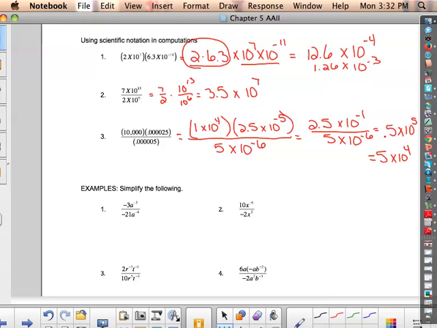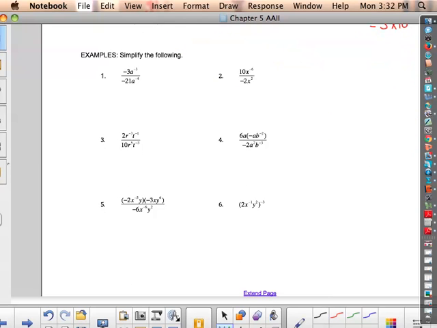Okay? So now let's take a look at a few problems. If you want to separate these, you can say you have -3 over -21 times a to the negative 3 over a to the negative 4.